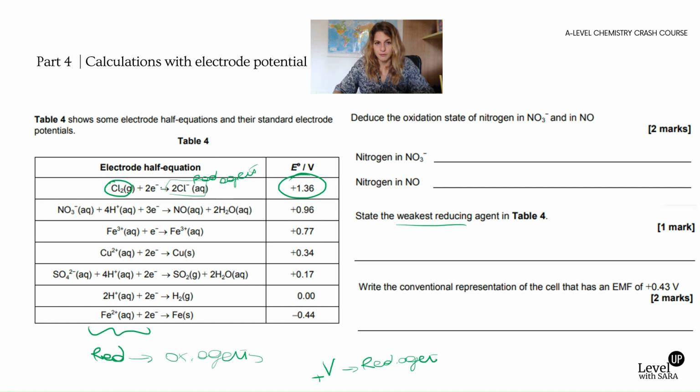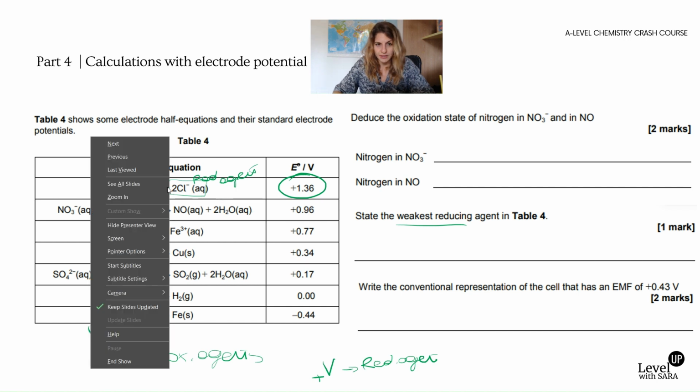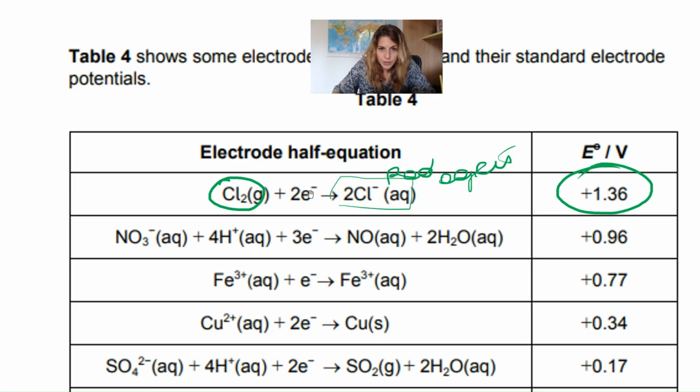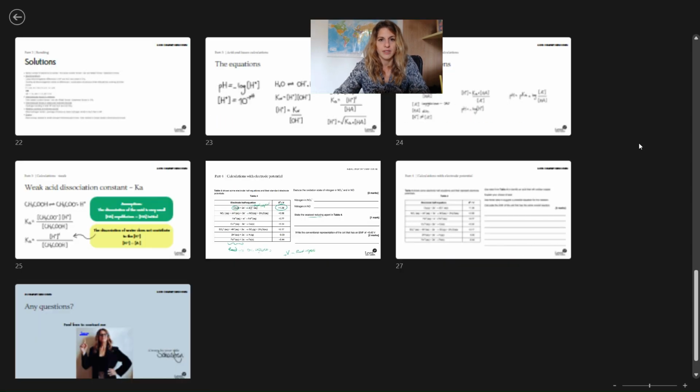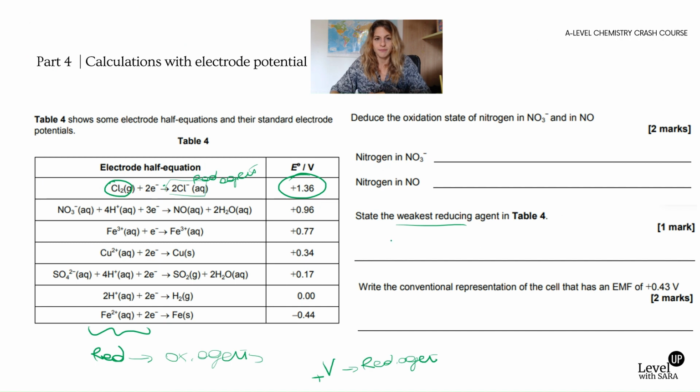Because remember, we look at this equation in both directions. So the weakest reducing agent would be chloride, Cl minus, because even though we can look at the opposite side, itself will lose electrons.